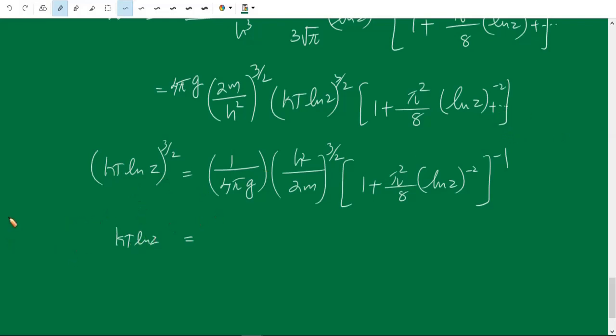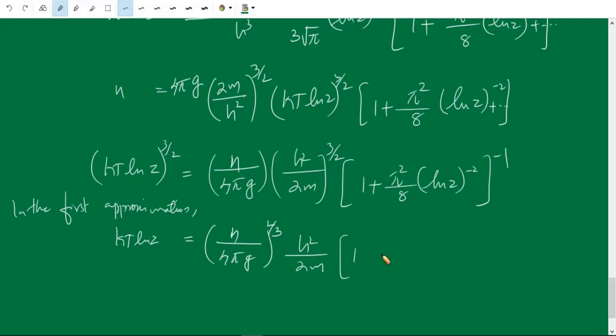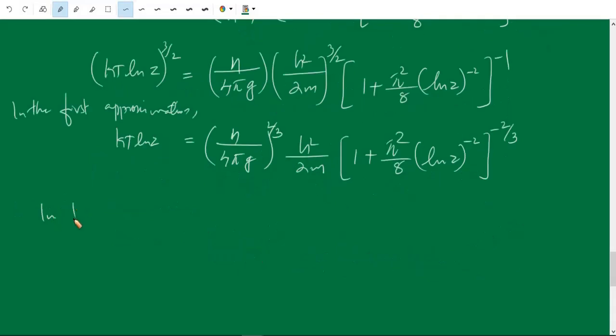In the zeroth approximation, kT log z is equal to this, and this term will be neglected in the zeroth approximation.